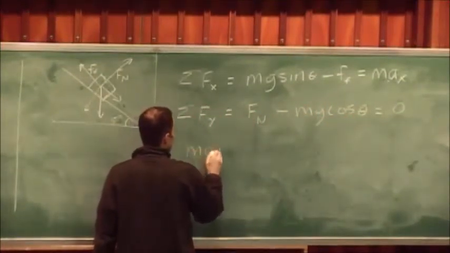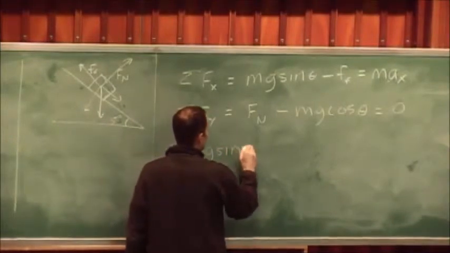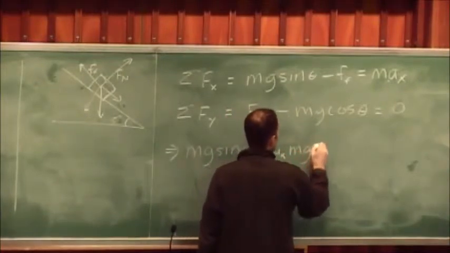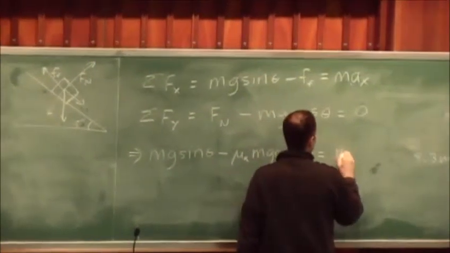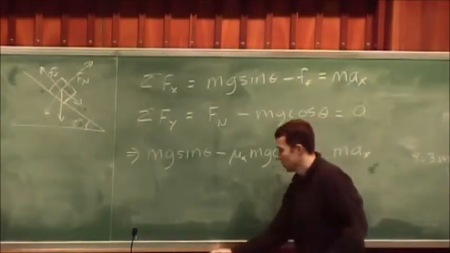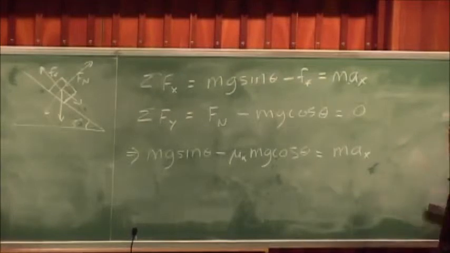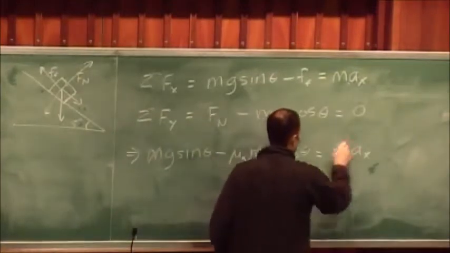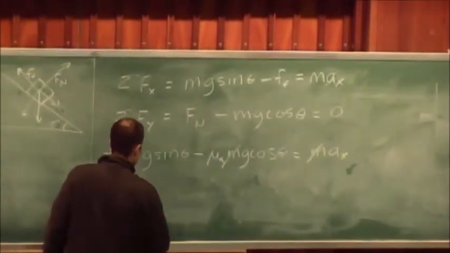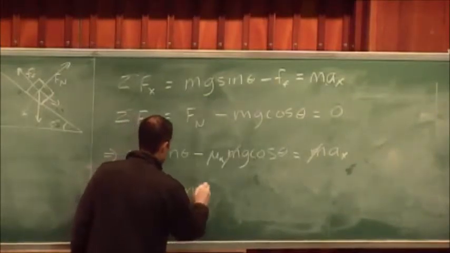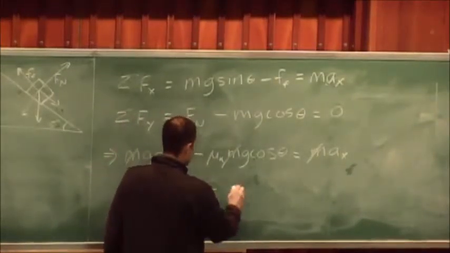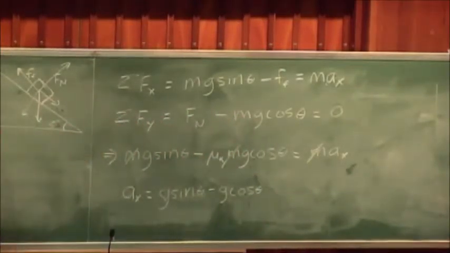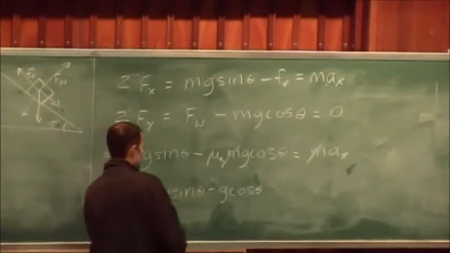So I get mg sine theta minus mu k mg cosine theta is equal to max. Okay, we see that the masses cancel, and ax is equal to g sine theta minus g mu k cosine theta.